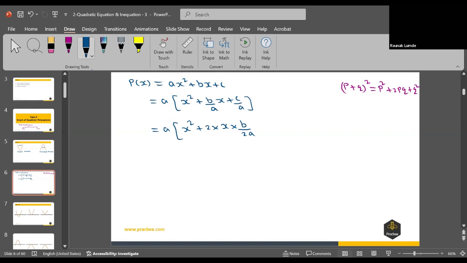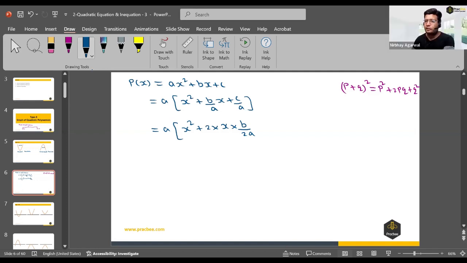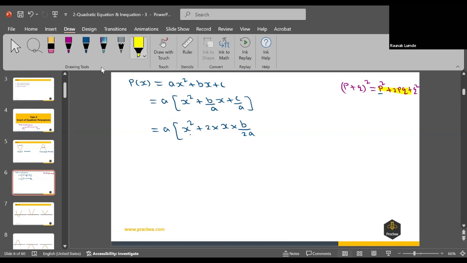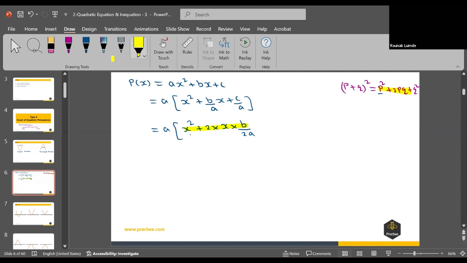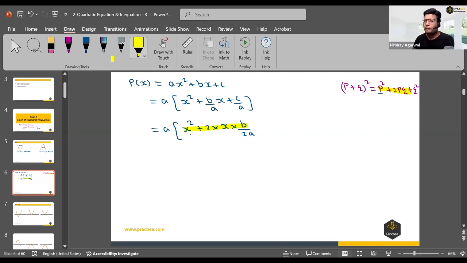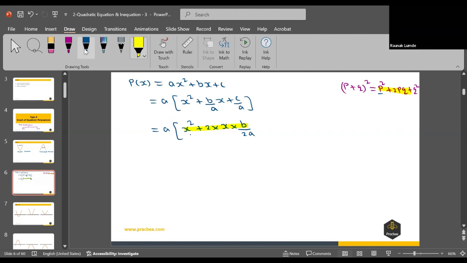I am saying this is p square, this is x square. If you compare this expression with this part, p value is x, then 2pq. That's why I have multiplied by 2 and divided by 2. So 2 into x, and the remaining part, b by 2a, is q.